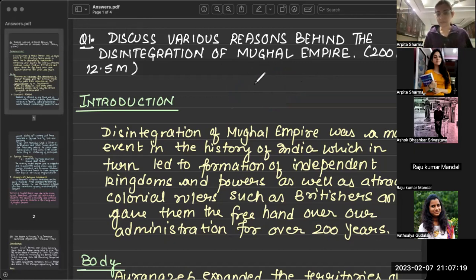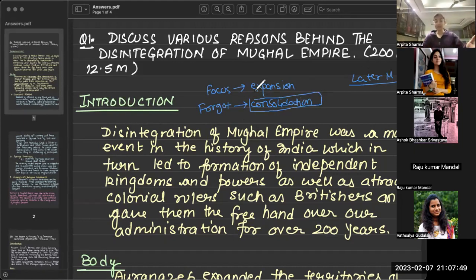So he focused on expansion, but he forgot about consolidation. That is why when the later Mughals came, they were already weak in the public administration area, and they saw a huge empire lying in front of their eyes which had not been consolidated.